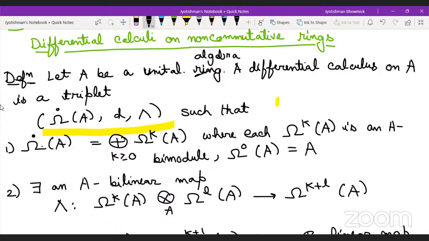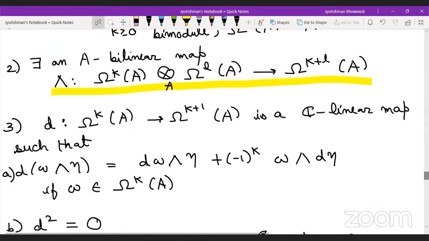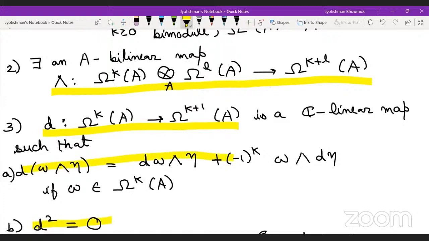Just like before, I postulate the existence of a wedge map and a D map, with D squared equal to 0. This is what I mean by a differential calculus on a non-commutative ring.